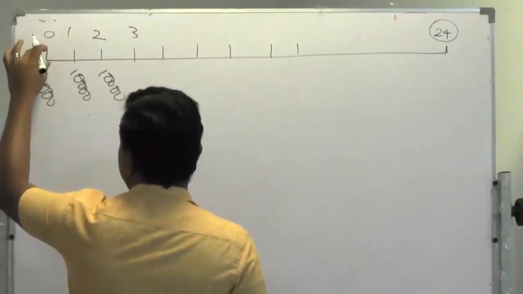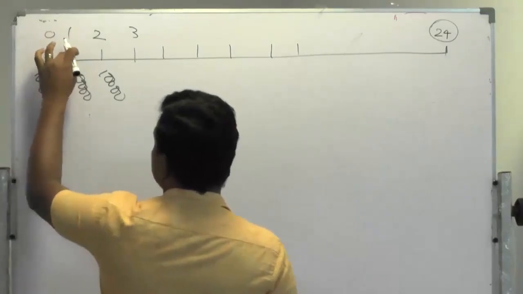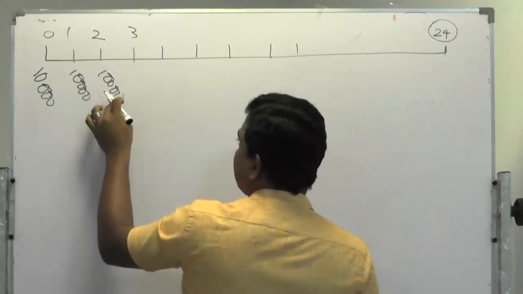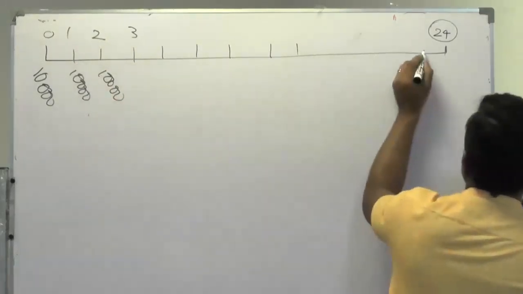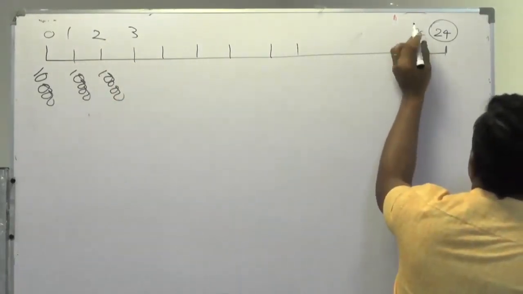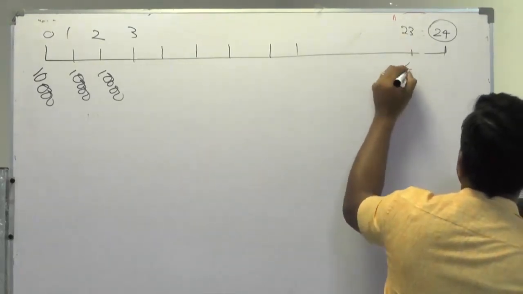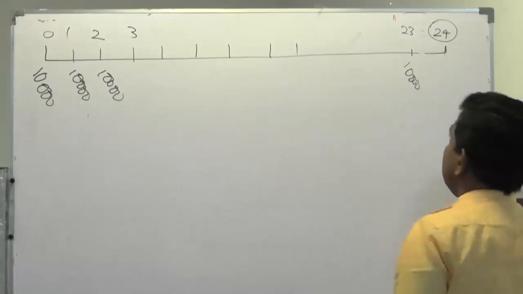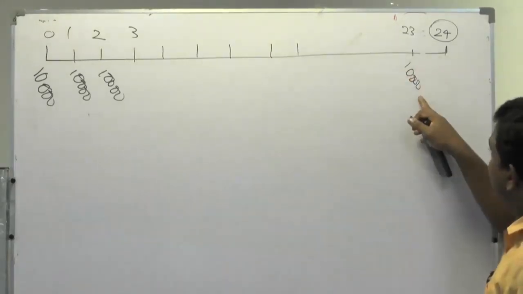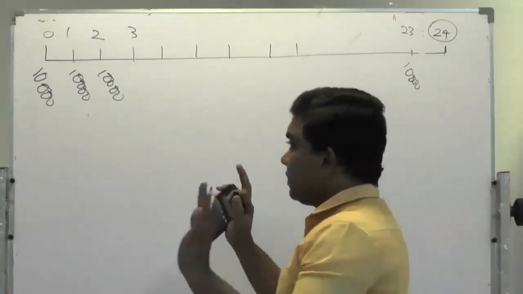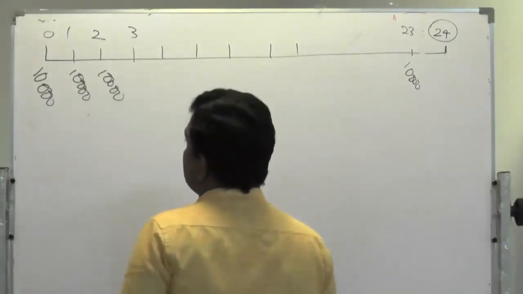First month beginning, then end of first month, that is second month beginning, end of second month, third month beginning. Likewise, every month beginning, up to 23 beginning. Now 23 end, that is 24 beginning, you will invest 10,000. What is the interest rate?